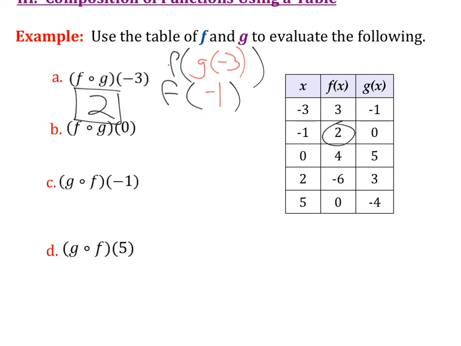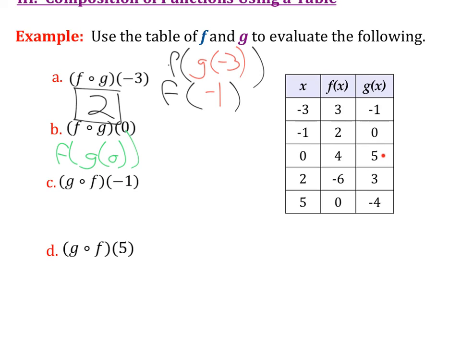Next one, f of g of 0. First, I need to figure out what is g of 0. Oops, this does not want to erase. So g of 0 is going to be 5.